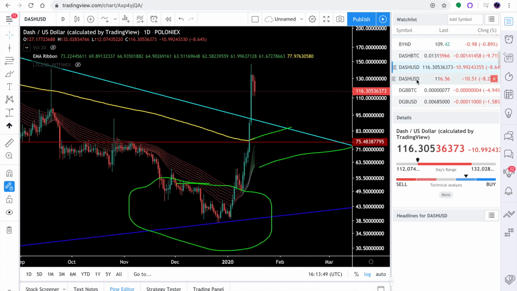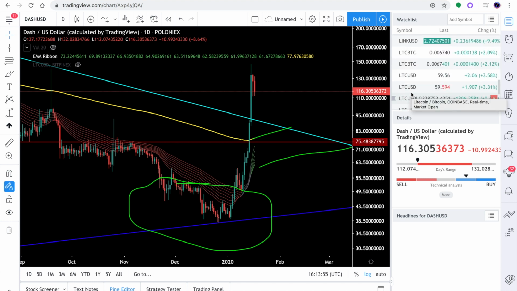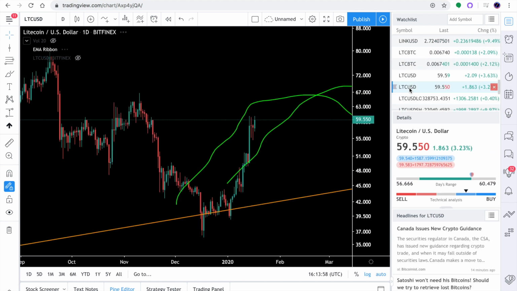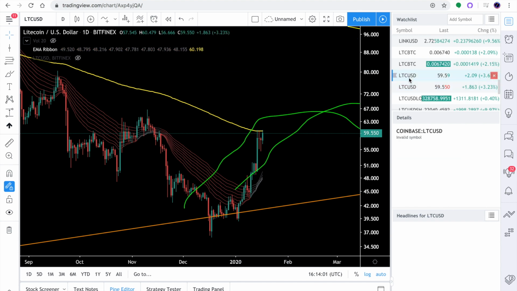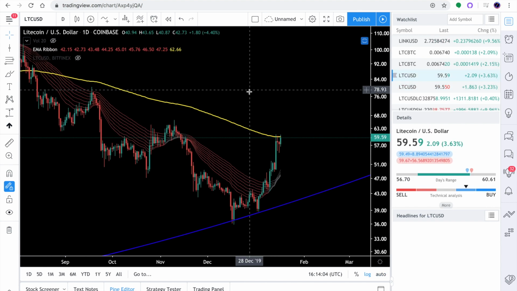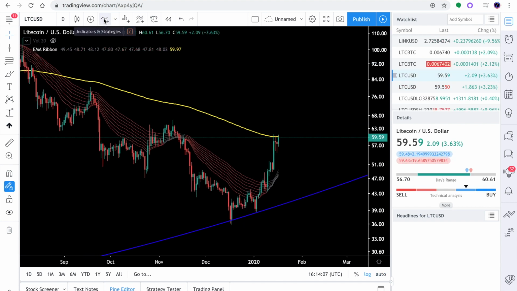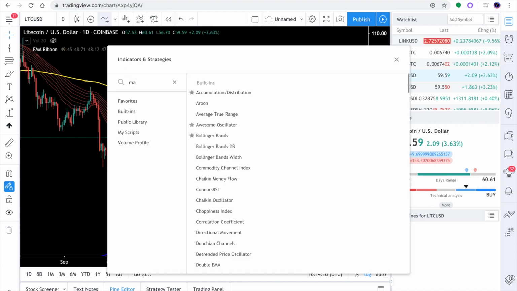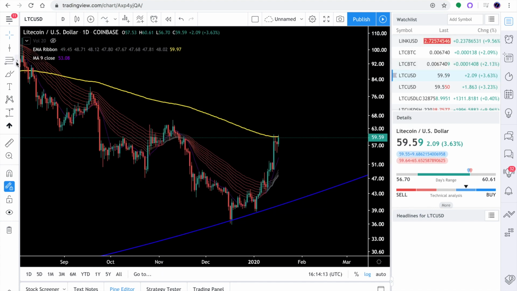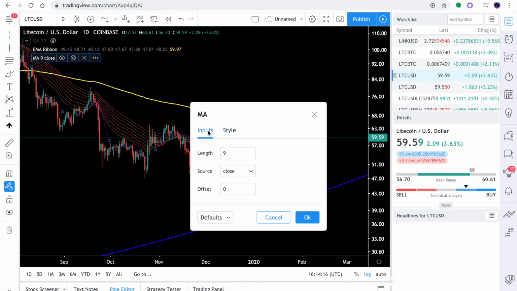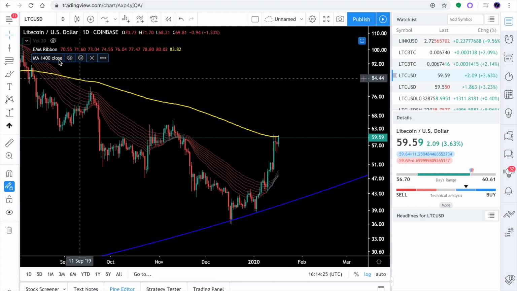Oh, that reminds me. Let me show you guys Litecoin. Look at this one. Actually, we'll look at this one because I have no drawings on here. It's easier. Scroll up. Want to see something interesting? So we're going to put this in as 1400 day, which is the 200-week moving average. Oh no, I can't do it on Coinbase.